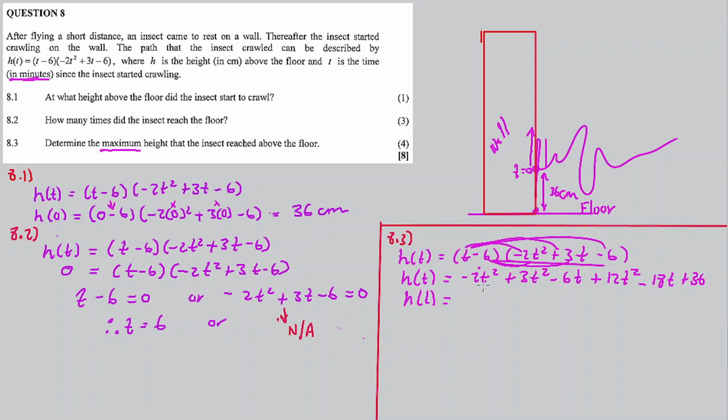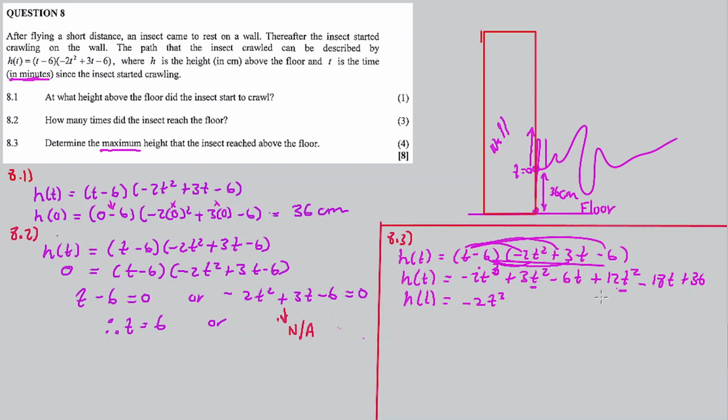So let's collect the like terms here. So it's negative 2t cubed. Negative 2t squared plus 12t squared, here it's 10t squared. Okay, t cubed here, it's going to be cubed, and then squared. Okay, I see now. So here minus 2t cubed.